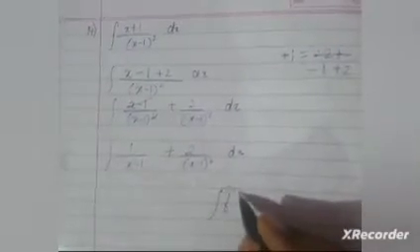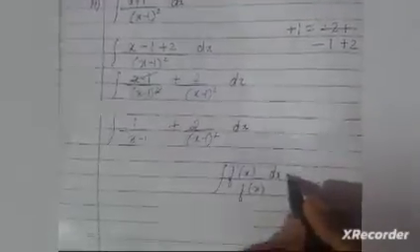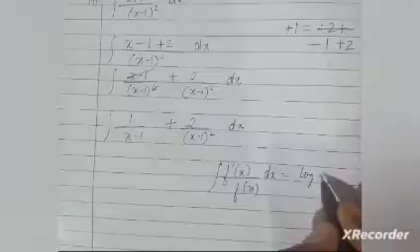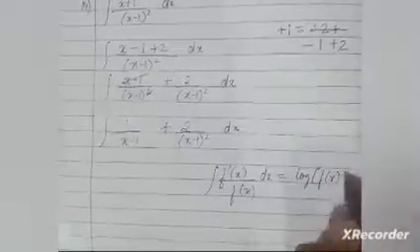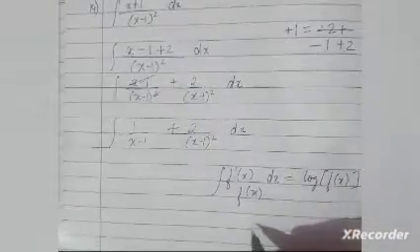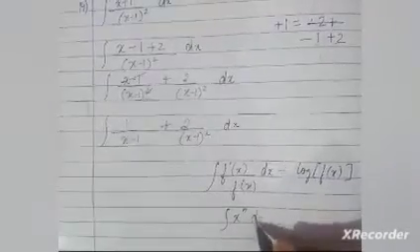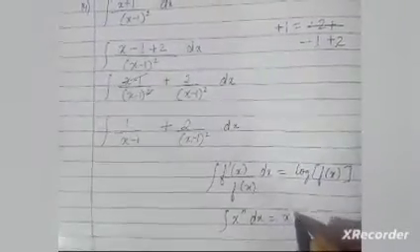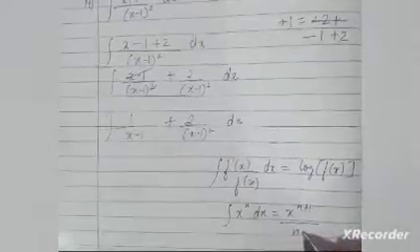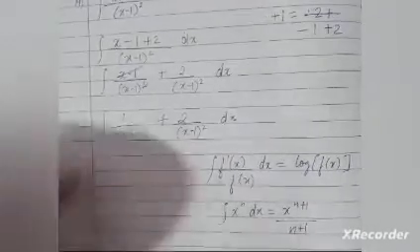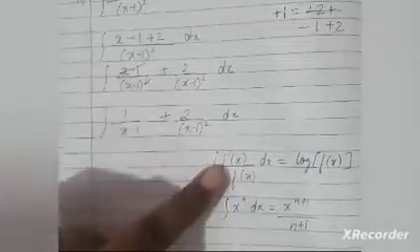First one is integration f dash of x upon f of x dx is equal to log f of x, and second one is integration x to n dx is equal to x to n plus 1 upon n plus 1. Now for the first we are going to use this formula.